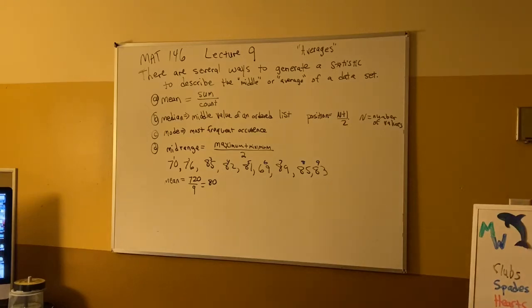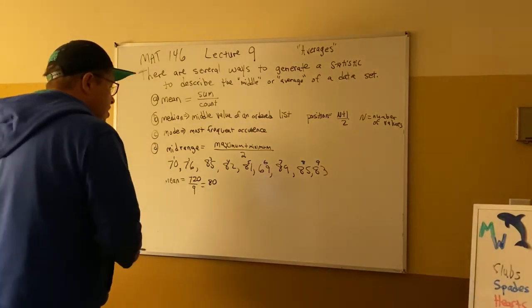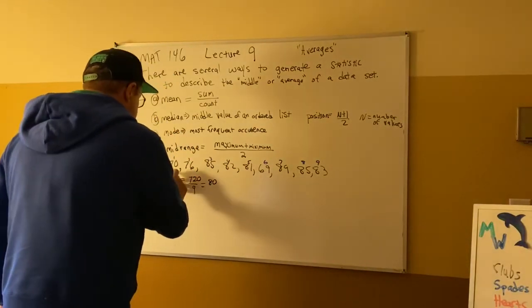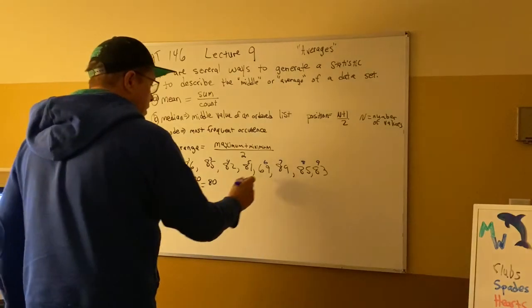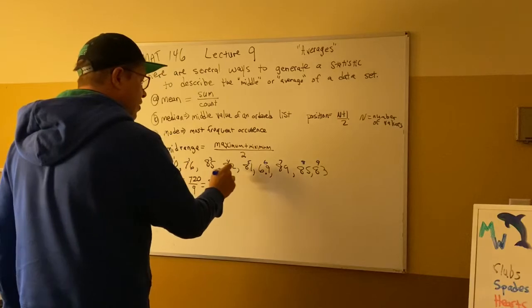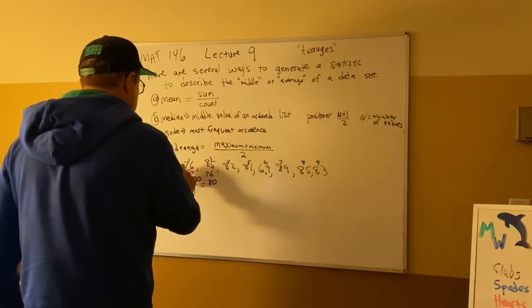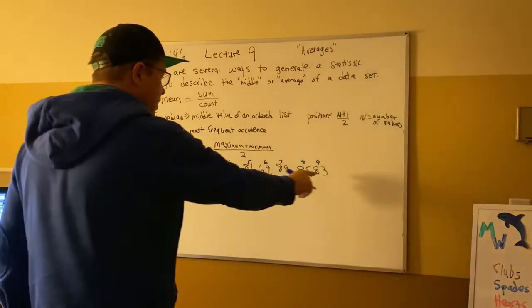But what I want to do is take the blue marker and put the scores in order for a couple of other things that we've got to do. Now what I'll do is I'll leave those blue numbers up there for the positions, but the lowest score, the only one in the 60s, is this score of 69. Then we got that 70. Anything else in the 70s? Also a 76. A 70 and a 76. And if I miss one, normally students would let me know, but there's nothing else in the 70s.